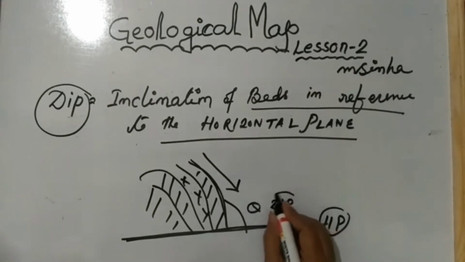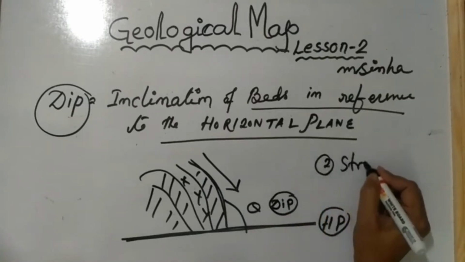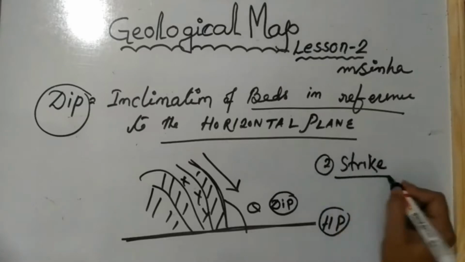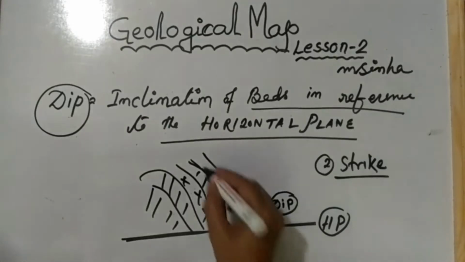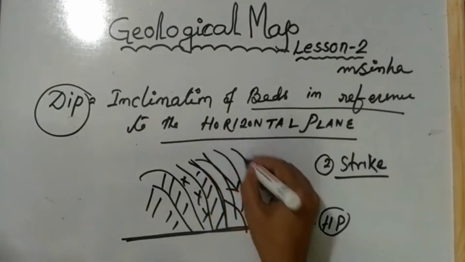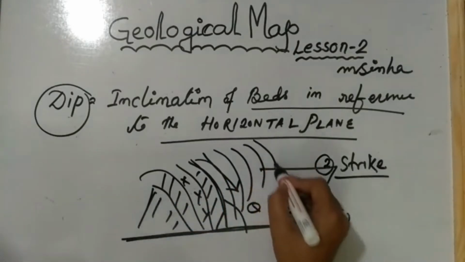Now come to the point of strike. Strike always lies perpendicular to the dip. Rather, strike is the intersecting point. If you want to identify the strike, then you have to identify the intersecting points of the bedding plane with the horizontal plane. Suppose this zone is the horizontal plane.